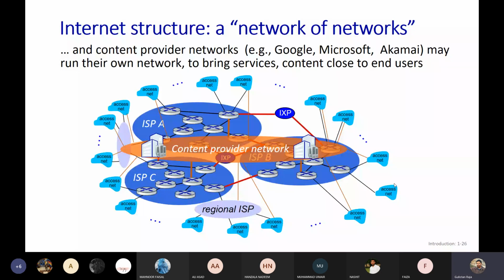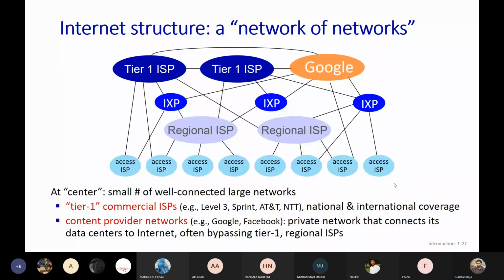Now I'll show you the structure of the network in another way. This is the internet structure. There are different levels of ISPs, and we call these different levels the tiers of ISPs. This is a big ISP, a tier 1 ISP, the global ISP. You can think Google is also a global entity, a content provider network. Then we have IXPs.